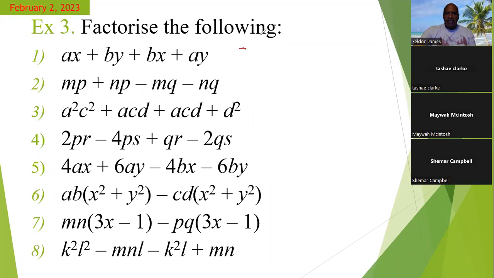So we have A squared C squared plus ACD plus ACD again plus D squared.